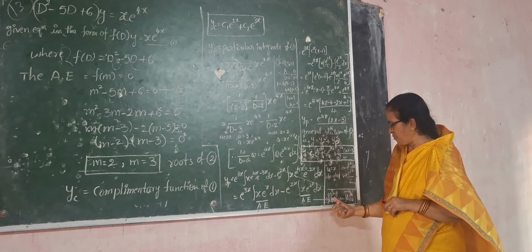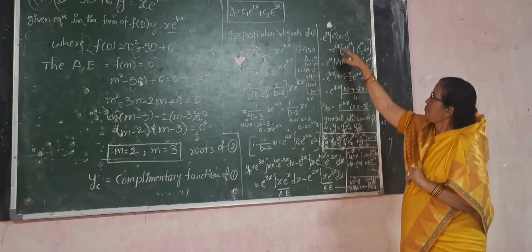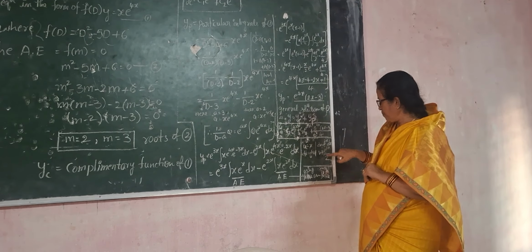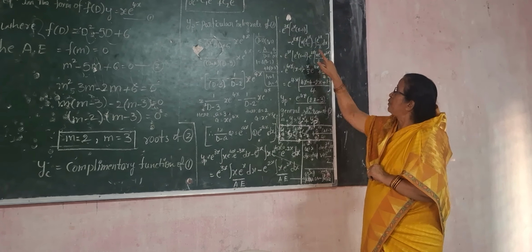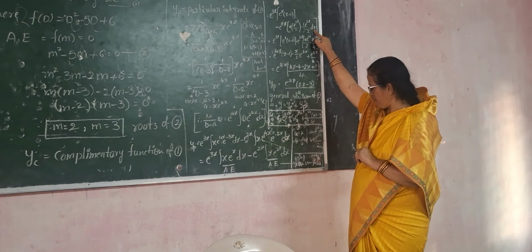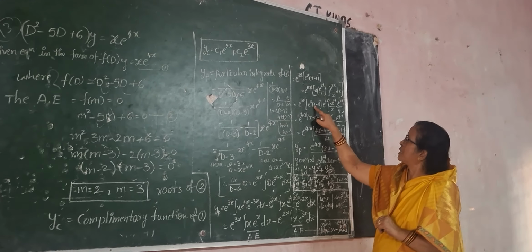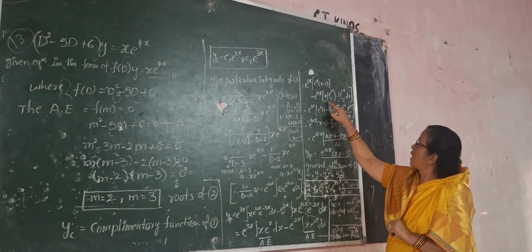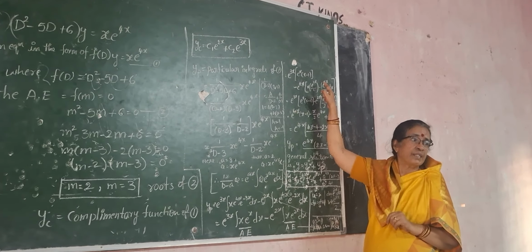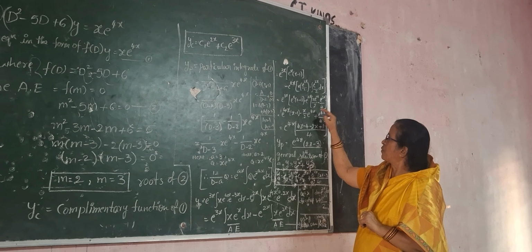Now we apply this formula for the second one: minus e power 2x into uv minus integral v du. uv is x into e power 2x by 2, minus integral of e power 2x by 2 dx. So e power 3x into e power x into (x minus 1) minus e power 2x into [x e power 2x by 2 minus e power 2x by 4, since 2 into 2 becomes 4].